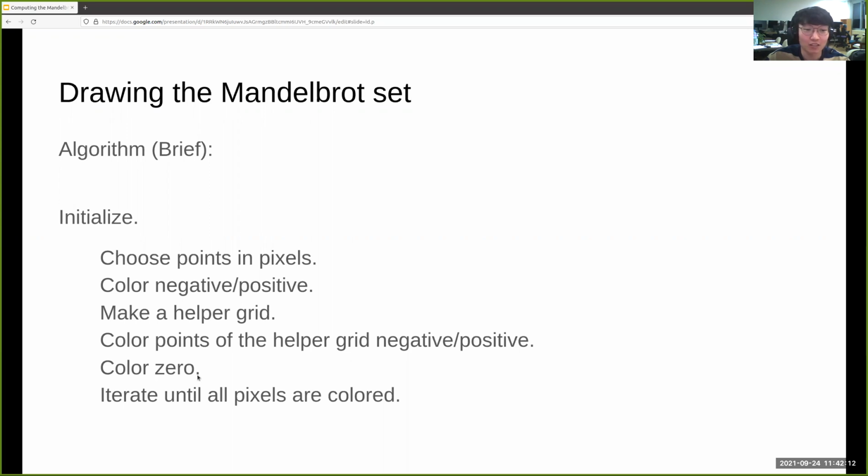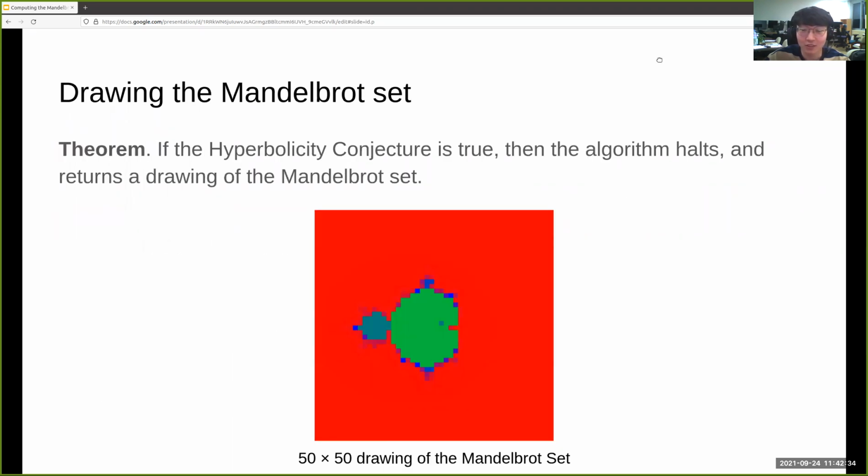Then I'll color the points made in the second part 0. And finally, iterate the 6 until all pixels are colored. It won't make sense at first, but I'll talk in detail after looking at this picture.